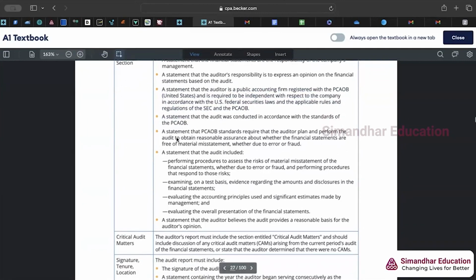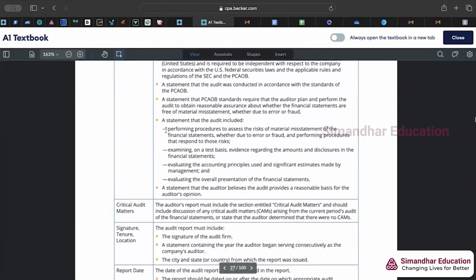A statement that the PCAOB requires the auditor to plan and perform the audit to obtain reasonable assurance. A statement that the audit involved performing procedures, the procedures you performed, examination, evaluation of accounting principles, and overall presentation of your financial statements.